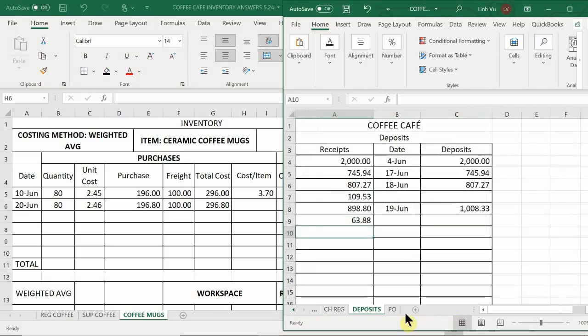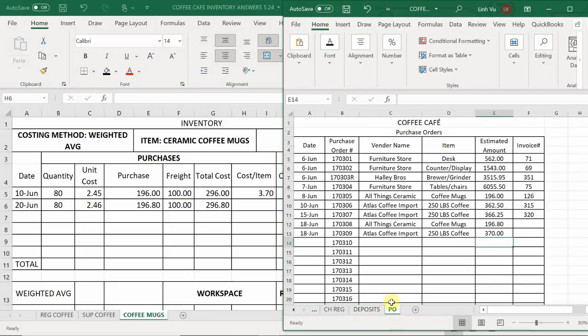So, just to make sure that we actually received the items, we have here in PO number 309 for the, I'm sorry, not 309, the invoice 308 for the coffee mugs, right, which was quoted for 196.80, we did receive.